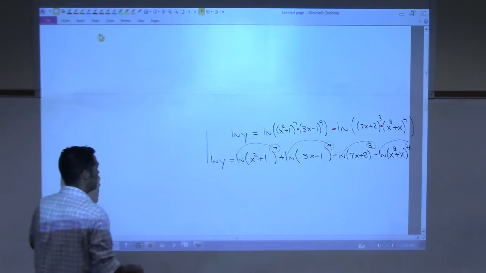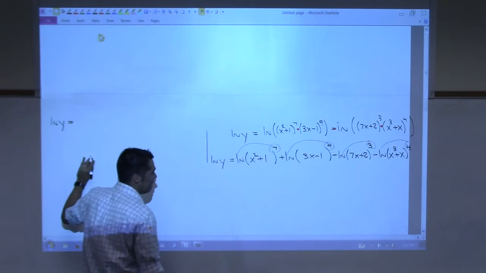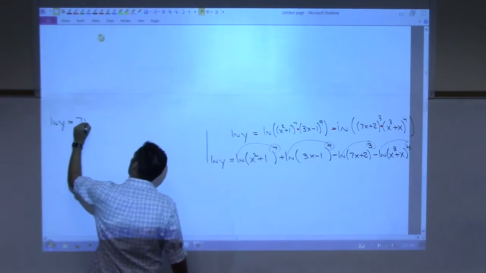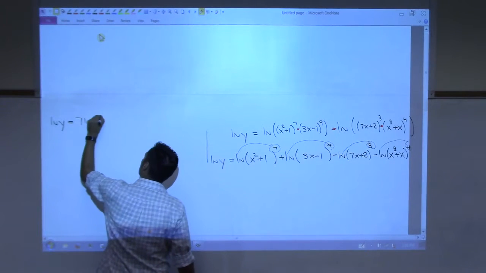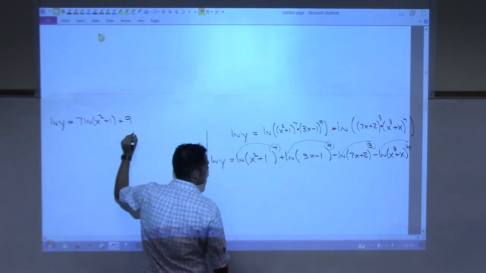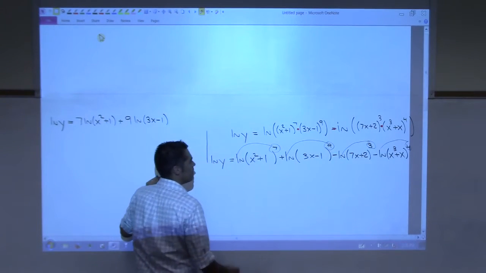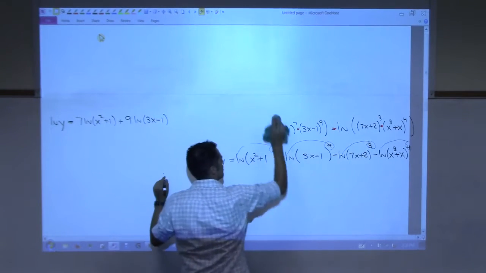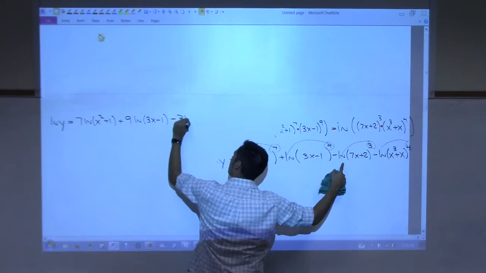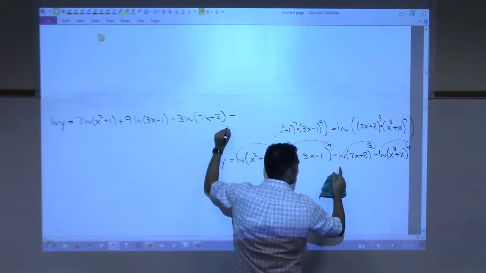This is going to be much better. Natural log y equals, what do we got? 7 natural logs of that chunk, x squared plus 1. And then plus 9 natural logs of 3x minus 1, right? And then minus 3 natural logs of 7x plus 2. Minus 4.